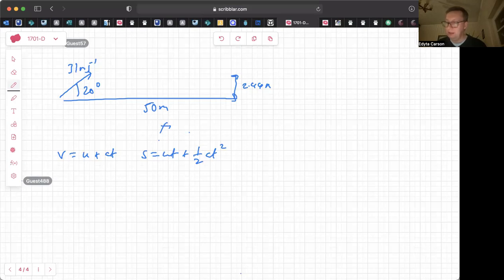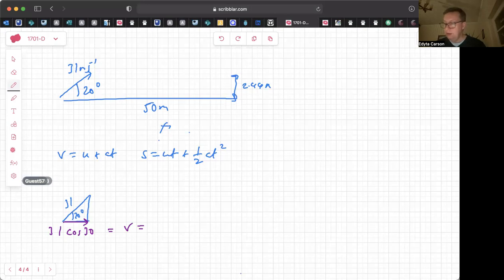Right, so we need to think of that as a triangle, as usual. So this is 31, and this is 20 degrees. So the horizontal component of the speed will be the base of the triangle, or the width, which means use cosine. So 31 cos 30 will be the horizontal component of the speed.